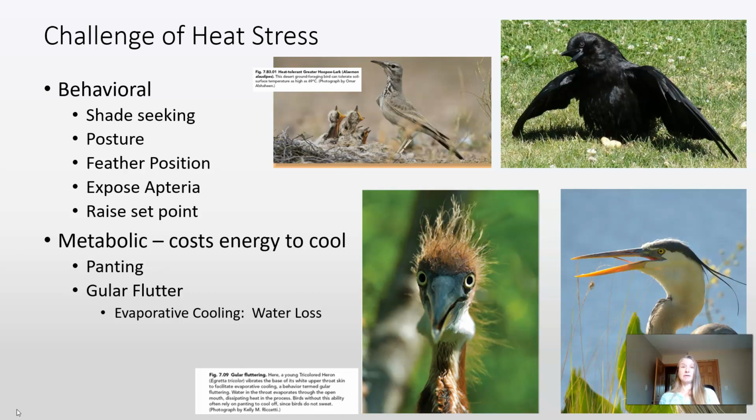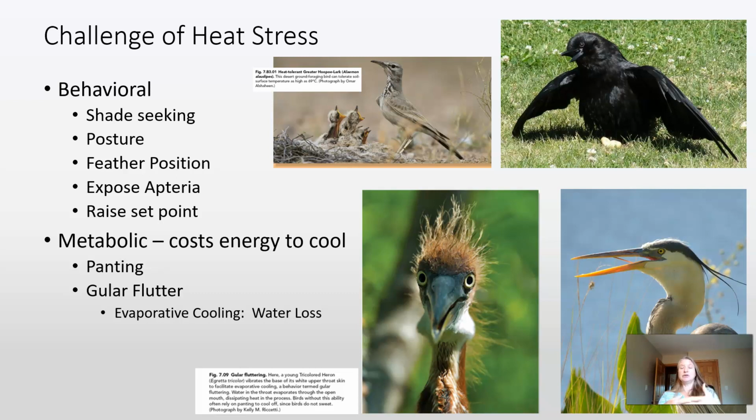There are many behavioral things that you can do, just like we would do. We might seek shade under hot conditions. We could change our posture. So by putting our limbs out, we might air out our pits, right? So same thing with the birds. This crow is kind of airing out. The feather position as well: the feather coat is very, very insulating.